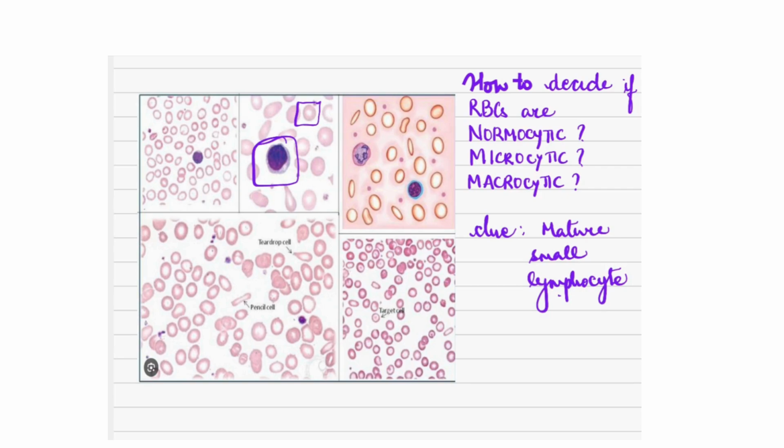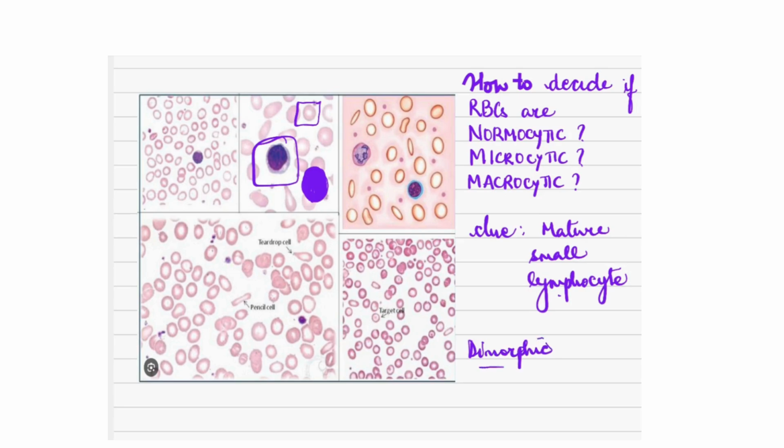But if a cell is larger than it, like this oval macro, that would be a macrocyte, so that will be a macrocytic picture. Sometimes you get both, where there is a mature lymphocyte and you can see micro as well as macro, then you call that picture a dimorphic picture.